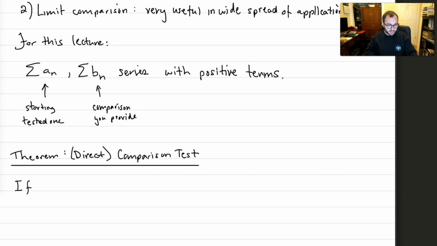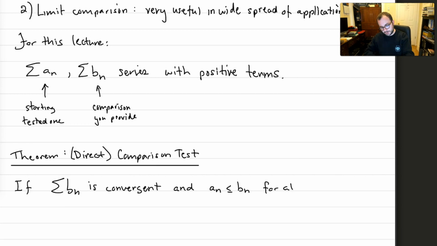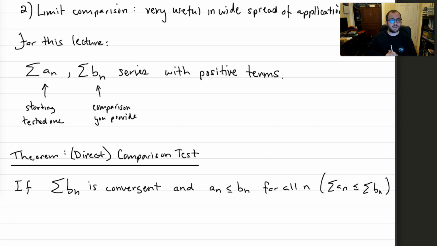If I start with my comparison series, now remember I'm testing A and I have B and I provided you with B. If B is convergent, and AN is sitting below BN for all n, aka my series that I'm testing is quote-unquote smaller than the series that I'm comparing it to, in the sense that each of the terms are smaller at each index.